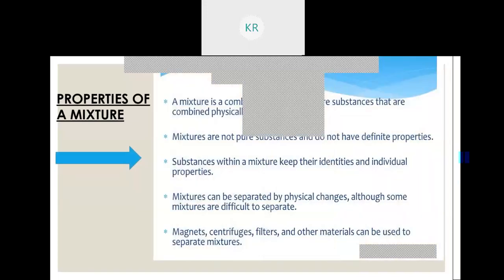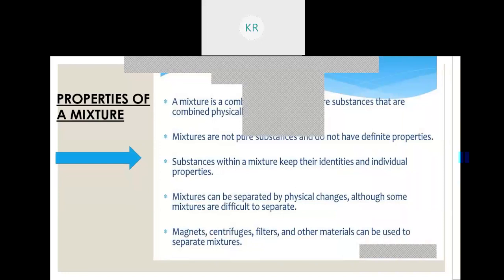Here you can see the heading properties of a mixture. Here we are going to discuss different properties of mixture. The composition of a mixture is not fixed. Why?